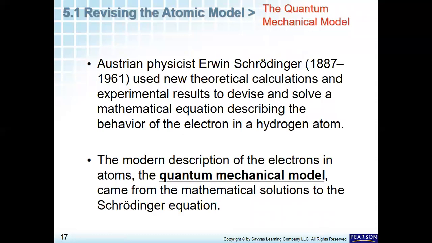Here we have the Austrian physicist Erwin Schrödinger, who did the theoretical calculation for the quantum mechanical model, describing the behavior of the electrons in the hydrogen atom by a mathematical equation.